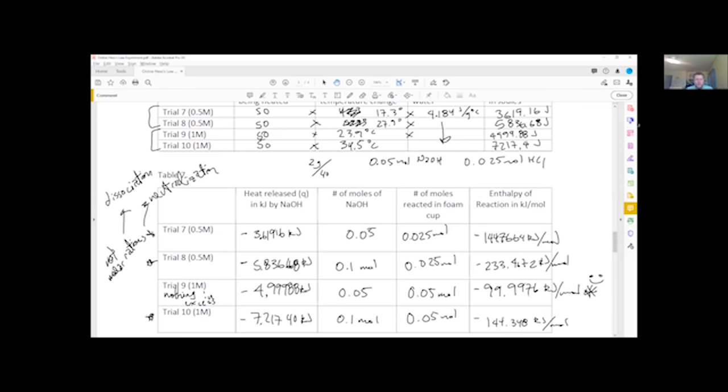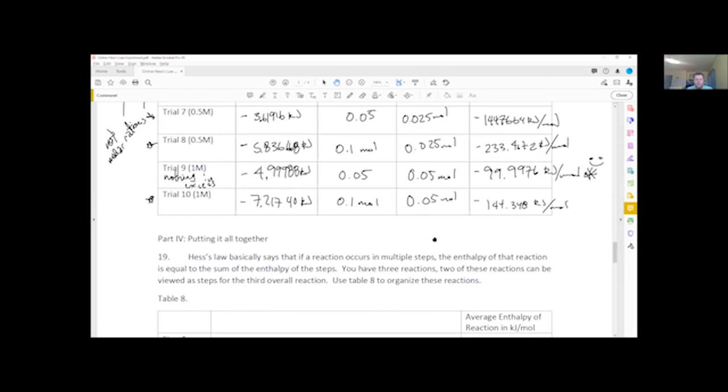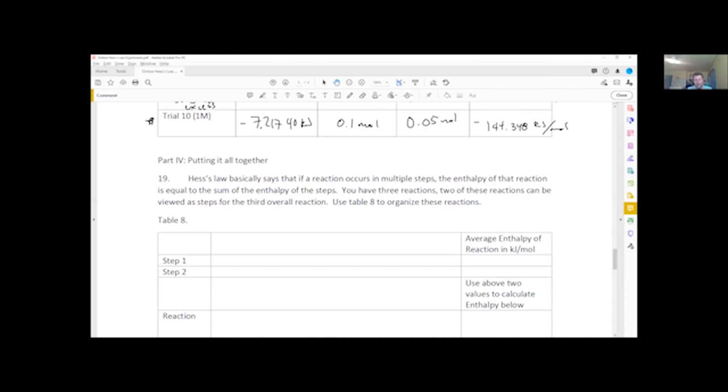Now, the purpose and the intent of this exercise is that Hess's law basically says that if a reaction occurs in multiple steps, the enthalpy of that reaction is equal to the sum of the enthalpy of the steps. So we want to look at our 3 different reactions and see if they have relationships between one another.